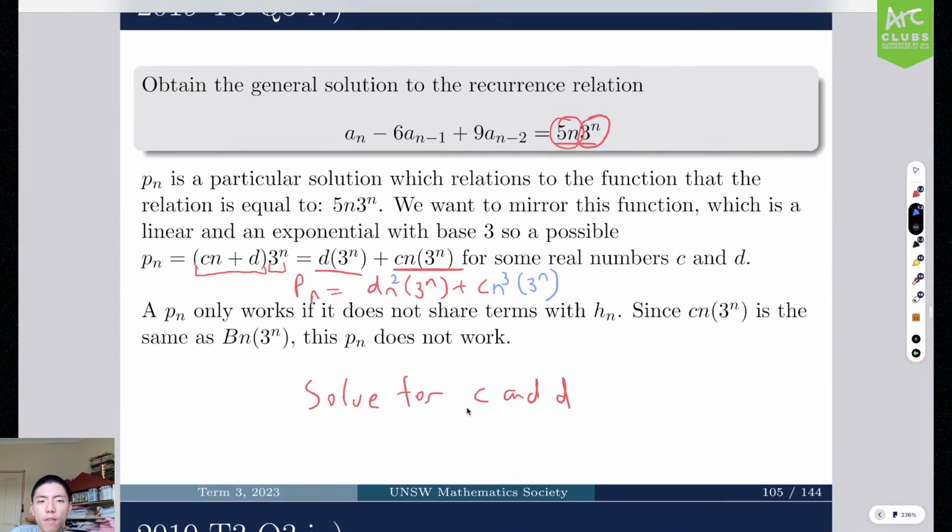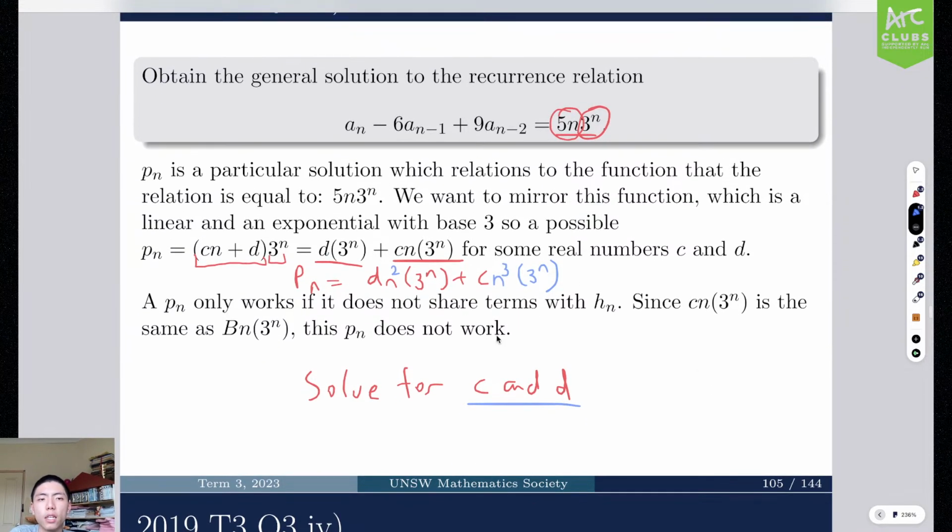After we have our guess, we need to solve for C and D. How we do that is to substitute this Pn back in as a(n-1) and a(n-2), and solve for the values of C and D by equating coefficients.